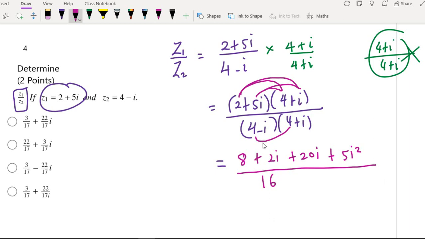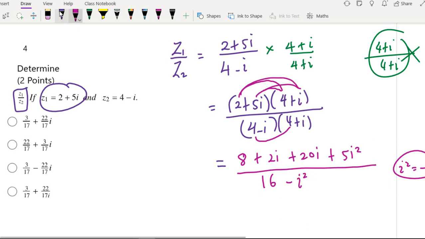Okay, 4i minus 4i, this one is equal to 0. Minus i squared, or plus 1. Plus 1. Why? Because i squared is equal to negative 1. You can substitute. That's right, 16 plus 1.